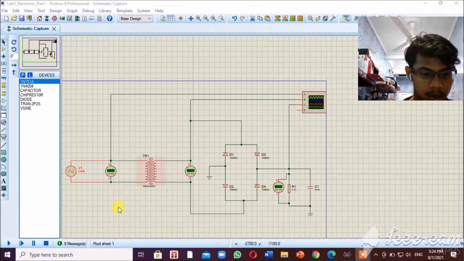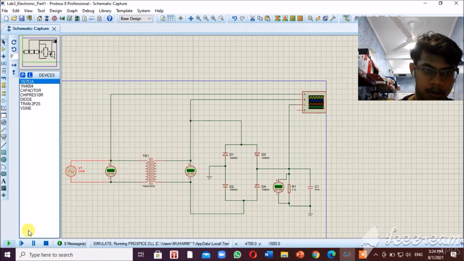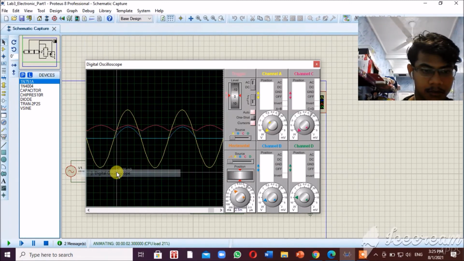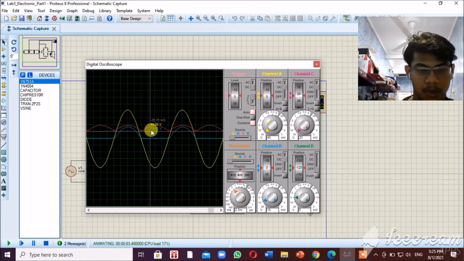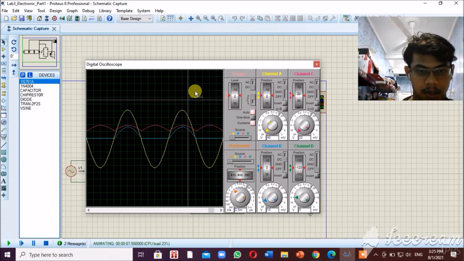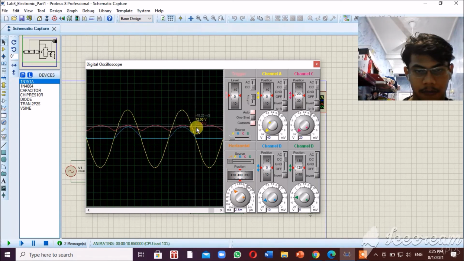Let's see the graph. You can see that the ripple voltage starts to reduce. It is 15 volt, as the previous one was 18 volt, and the sine wave also changed slightly from the previous one.